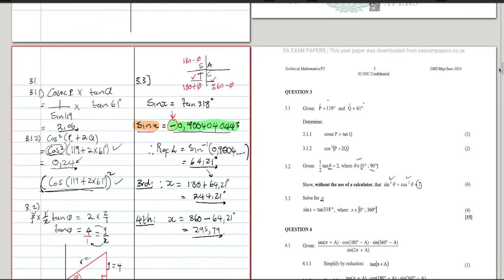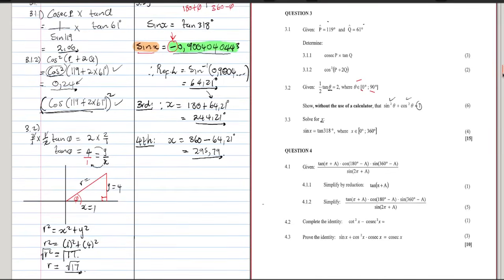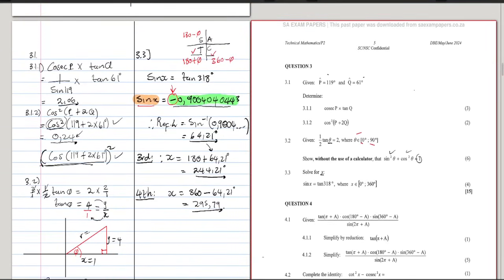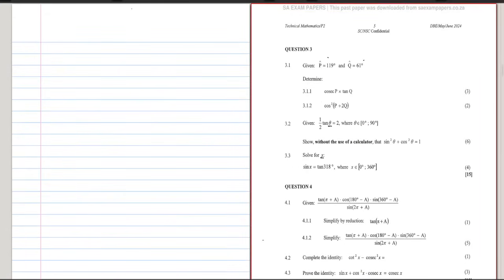Now we're going to jump to question 4, which is a bit more, should I say, aggressive? Nah, I shouldn't. Okay, let me just erase and we'll do question 4. Okay, now let's divide. Is that an eraser?